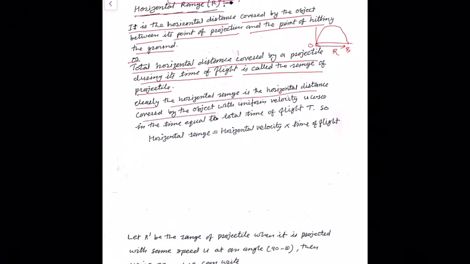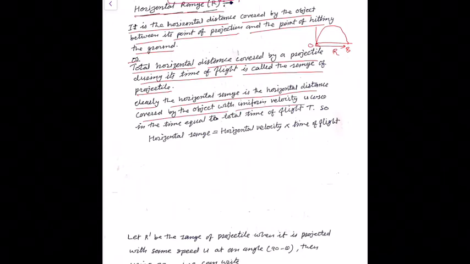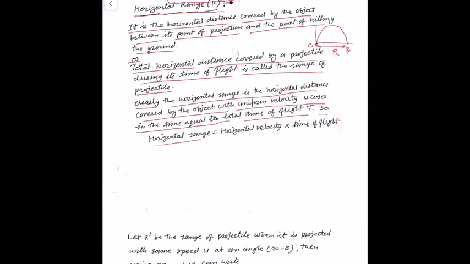Clearly, the horizontal range is the horizontal distance covered by the object with uniform velocity u cos theta in time equal to the total time of flight, capital T. So horizontal range is equal to horizontal velocity into time of flight.